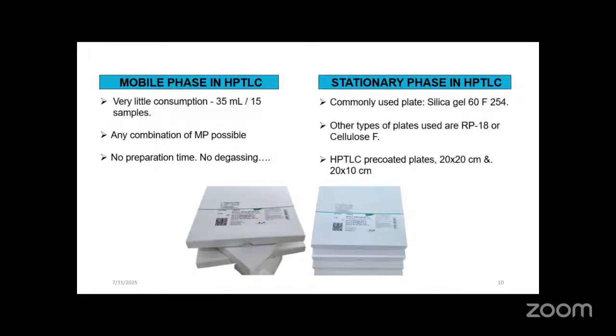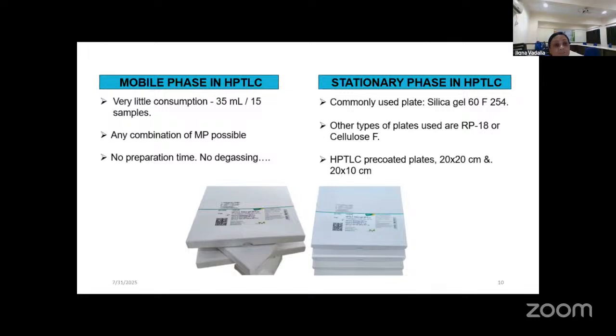The second thing is, any solvent we can use as a mobile phase. They should just be miscible with each other. So according to the polarity, we can choose any solvent. There is no limit in the mobile phase selection. Just one thing should be there: it should be miscible with each other.